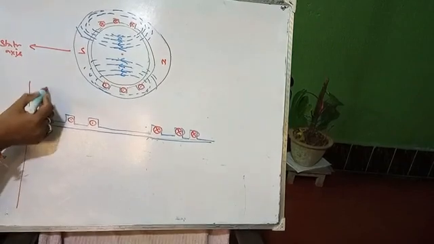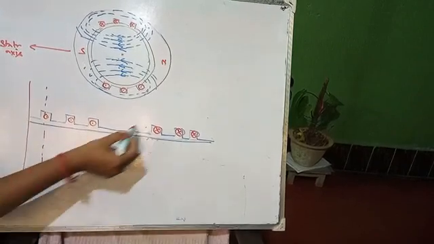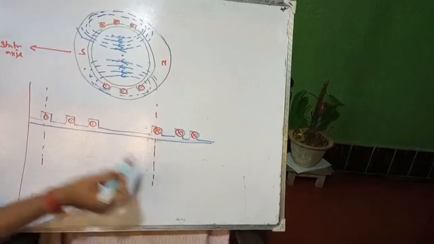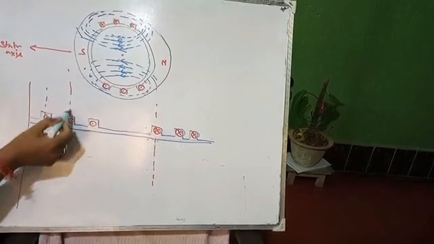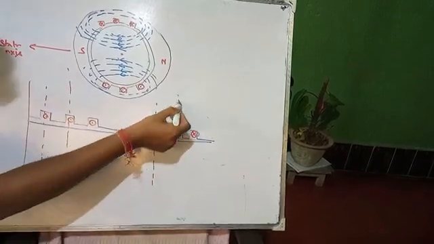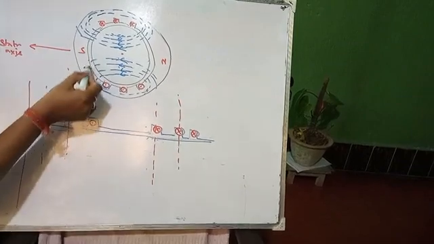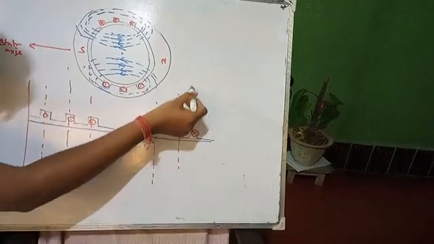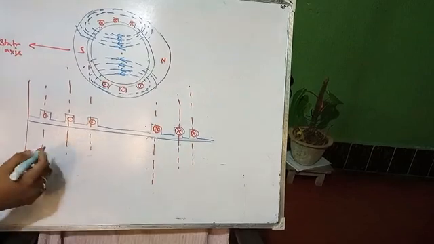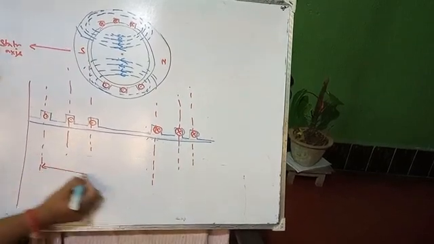So this is a pole pitch. This is the first pair pole pitch, the second pair pole pitch looks like here, and the third pair pole pitch looks like here. So this is your pole pitch.